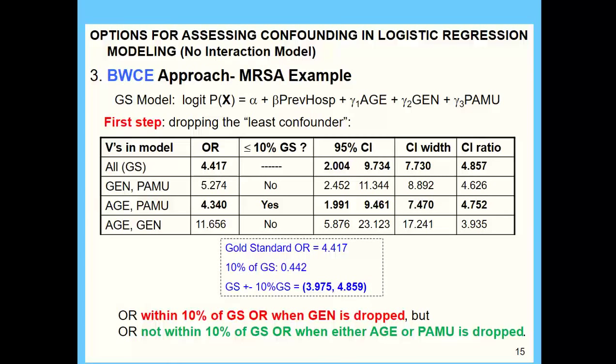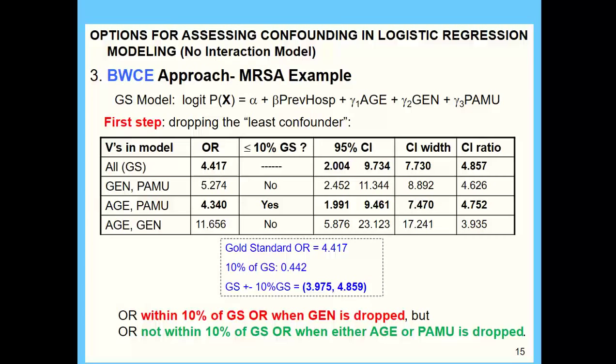Now, of the 3 variables I've dropped separately, age, gender, PAMU, which one is the least confounder? Well, there's only one variable that's not a confounder of these 3. When I drop it, which one is it? Gender. If I drop the others, by the 10% rule, it's a confounder.